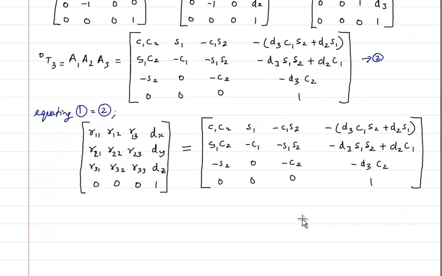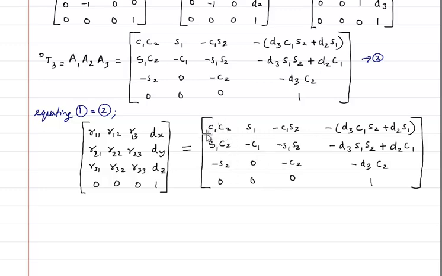Now based on that, how will I write this? Here you can see that I have s1 and c1, so that can make tan of theta 1 or minus tan of theta 1, and from that I will be able to get theta 1. Once I get theta 1, I can use any of these equations to get theta 2, because I already know theta 1.